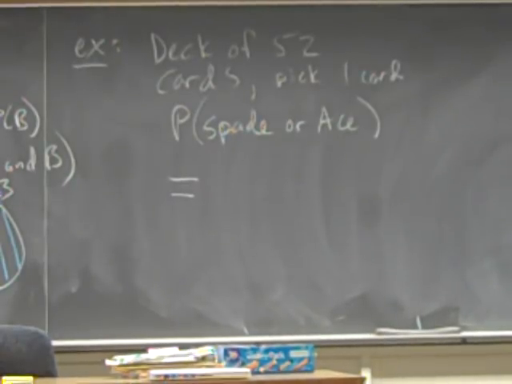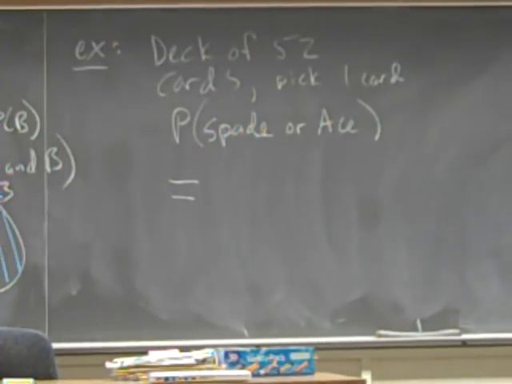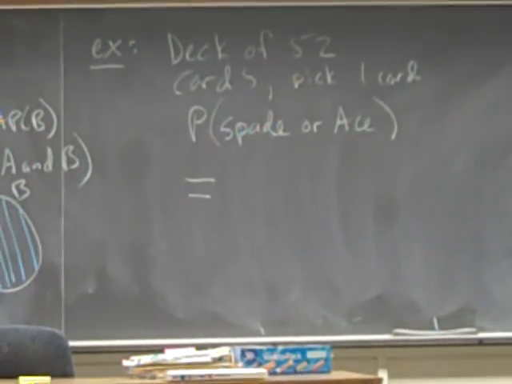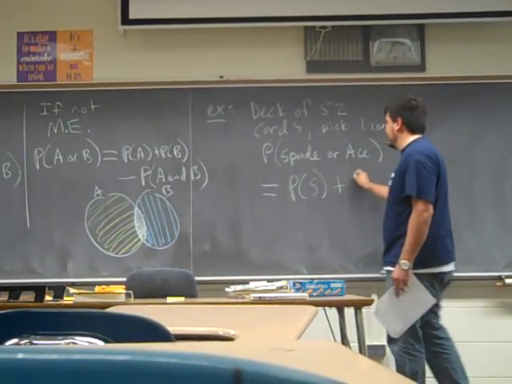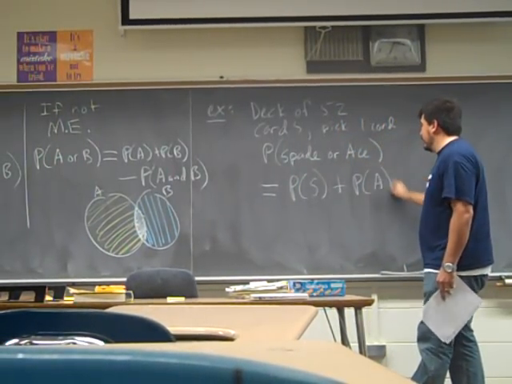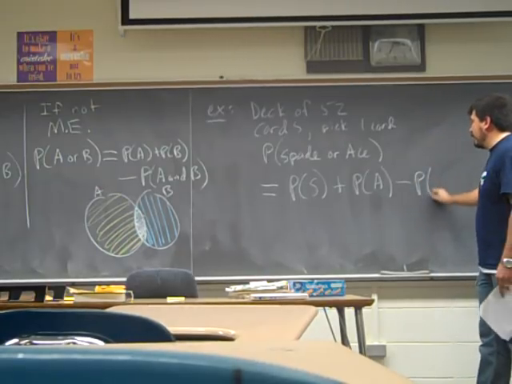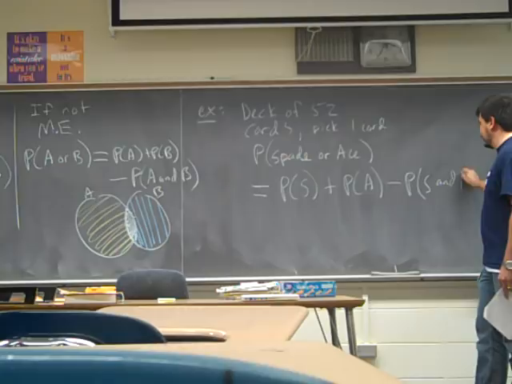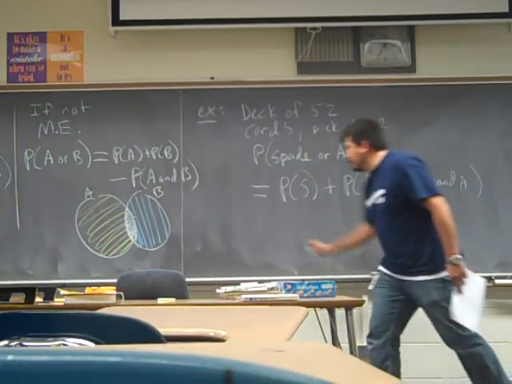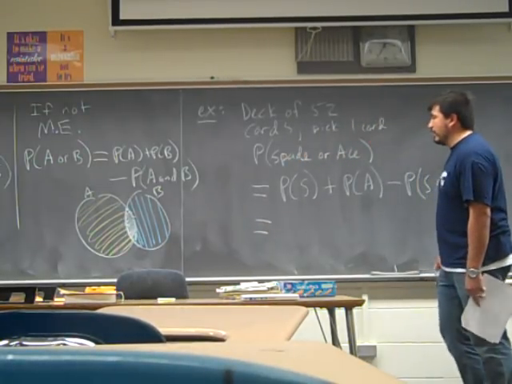Okay, if I'm just going to be a math robot and follow the formulas, you just do probability of spade plus what? Probability of an ace, and then you subtract the probability of a spade and an ace. So, in a deck of cards, how many spades are there?